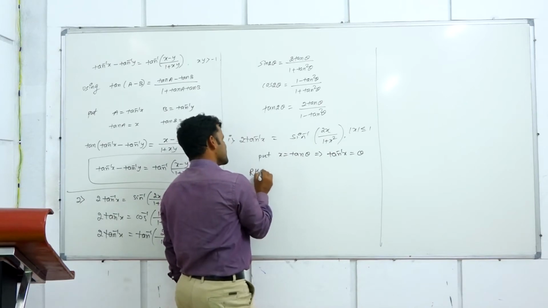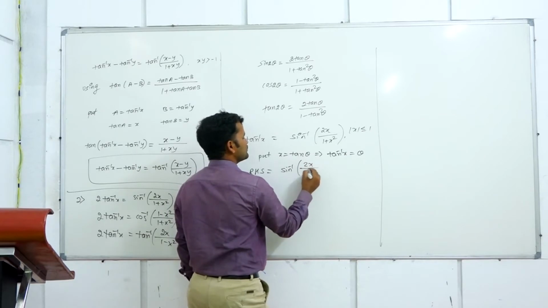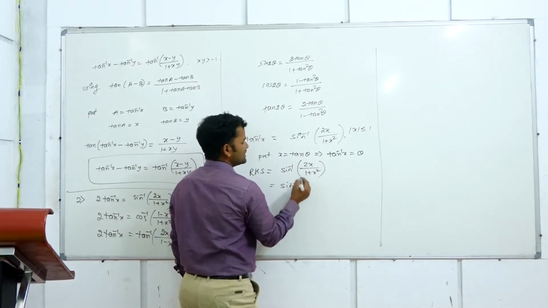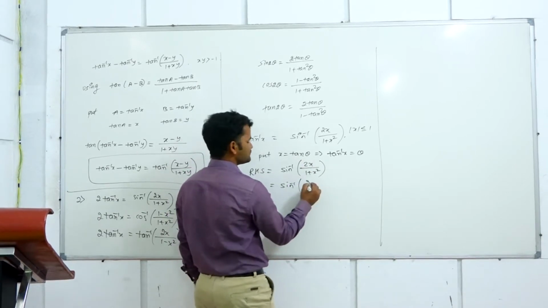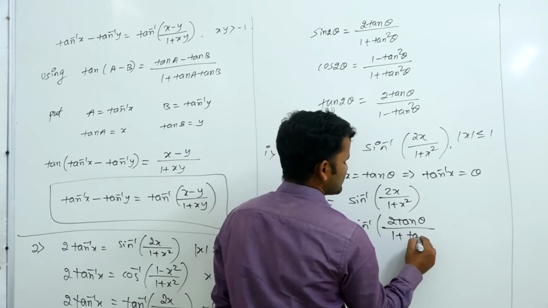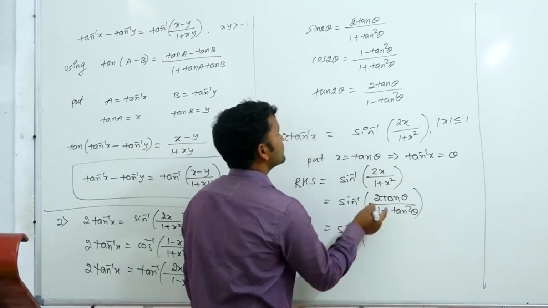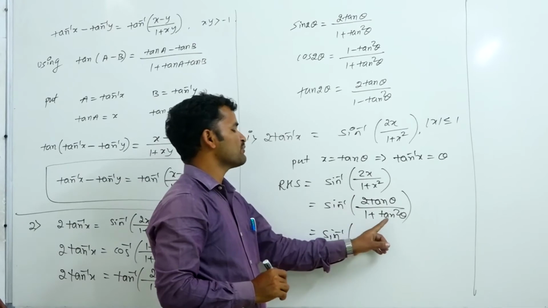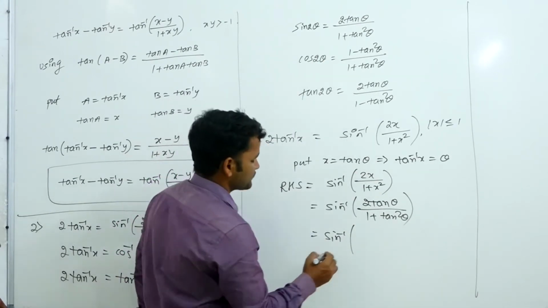Take RHS here. RHS is sine inverse of 2x by 1 plus x square, which is sine inverse of 2 tan theta divided by 1 plus tan square theta. We have the formula 2 tan theta divided by 1 plus tan square theta is nothing but sine 2 theta.